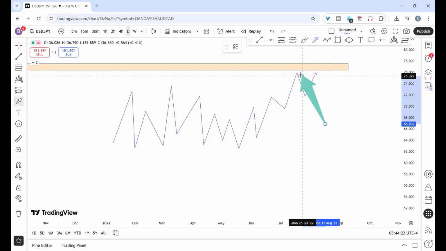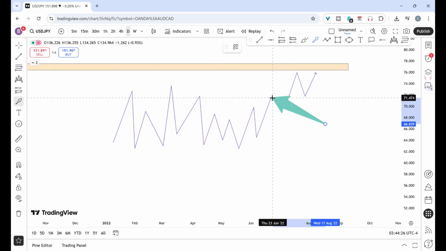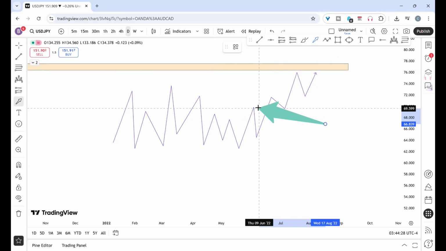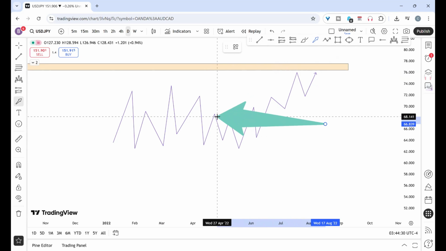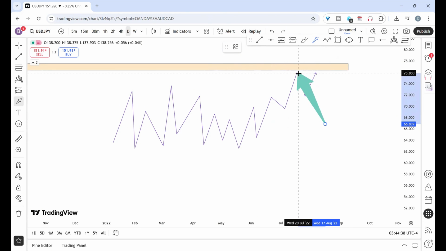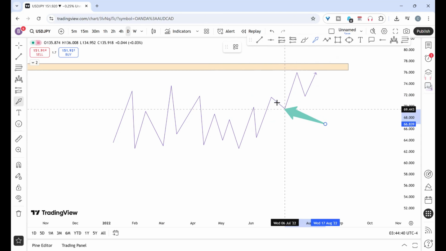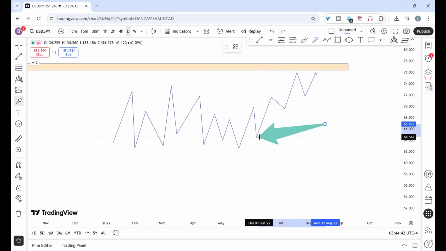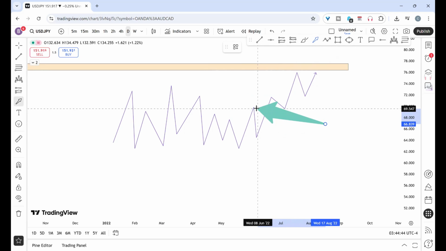By the way, whenever you see the market structure, we need to align it with the other market structure right here. In order to make it easier, let's call it a point or a peak. So we have one point, we have another point, we have this point, and we have that point. And it does look like a spike or a peak market structure, whatever you want to call it.